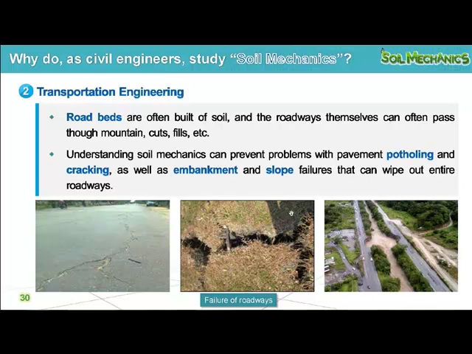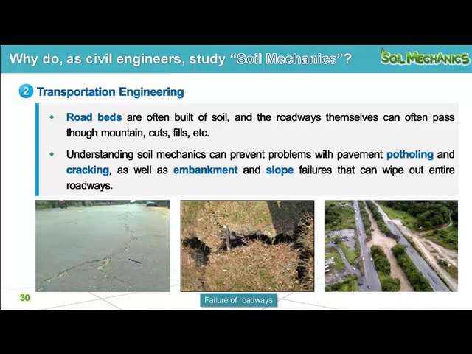For transportation engineering, we already talked about structural engineering, why we need to know about soil mechanics. And now about transportation engineering, why do we study soil mechanics? Roadbeds are often built of soil, and the roadways themselves can often pass through mountain, cut, and fill.